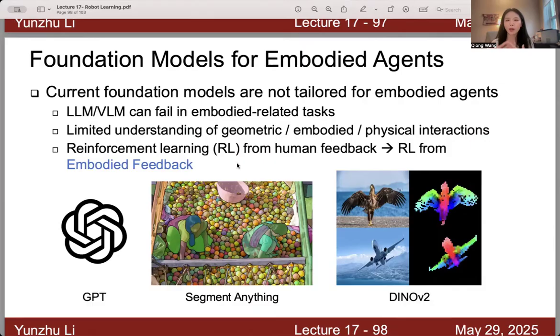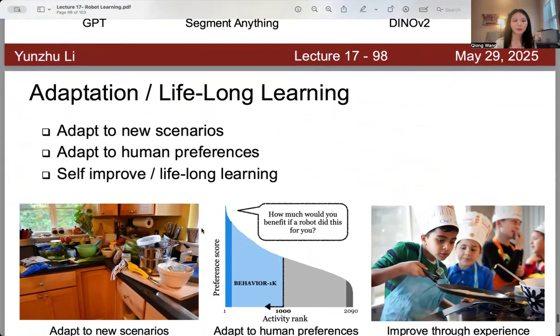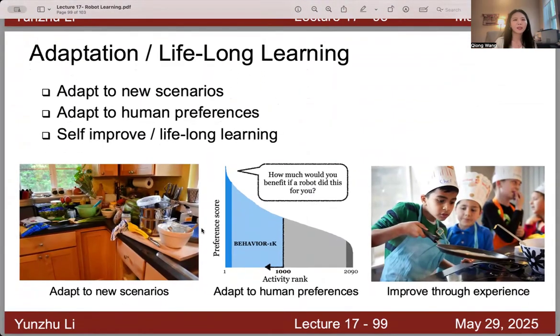There is also reinforcement learning from human feedback, and you can see an example like this. Then adaptation and lifelong learning: how do we adapt to a new scenario, adapt to human performance, and self-improve? Lifelong learning is also a goal we want to achieve.